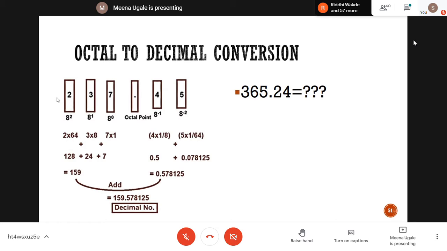Now you try for this. 365.24. This is in octal. Give the equivalent in decimal. Again, for MCQ, you will be getting questions on this.